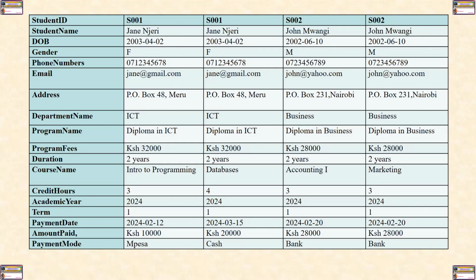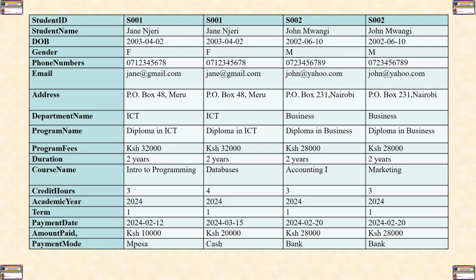Like the student ID, student name, date of birth, gender, phone number, email, and address. Those are student details. They can be put separate. Those can form their own table. So that's a table, student details. When you look at department name, that can be put separate. The department can be separate.